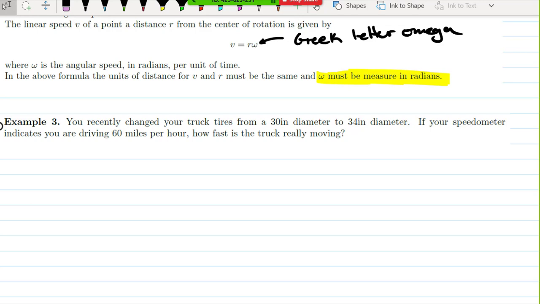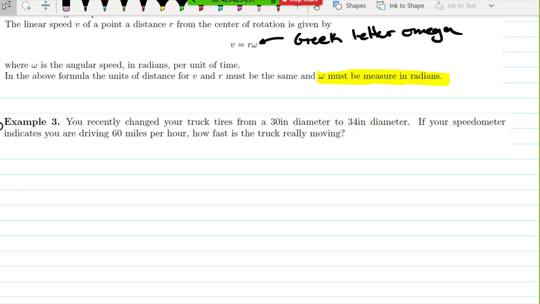If you change the diameter or the radius of the tire on your car, it's going to mess up your speedometer, because the speedometer in your car measures how fast your tires are spinning. If you have a larger tire, the distance that you travel is going to be larger per one rotation. Hence, you will be going faster than what your speedometer says.